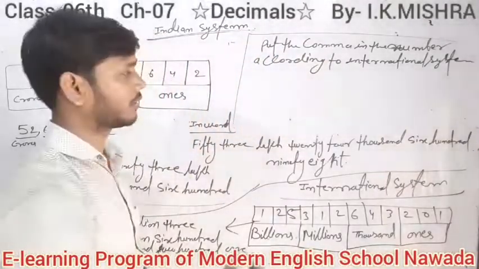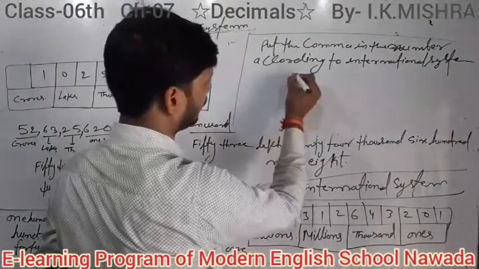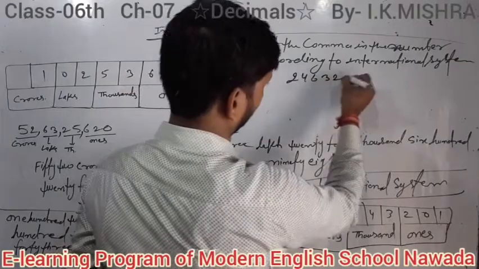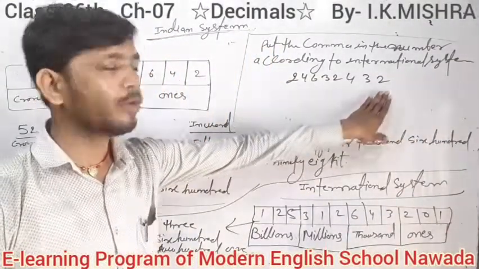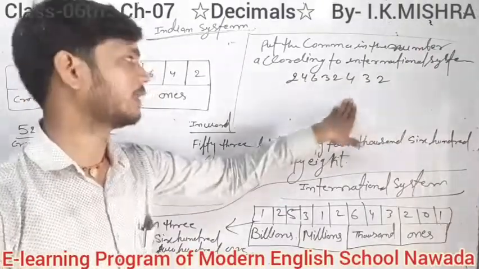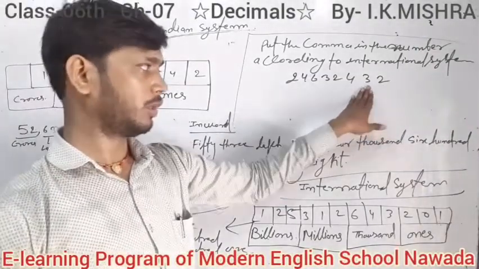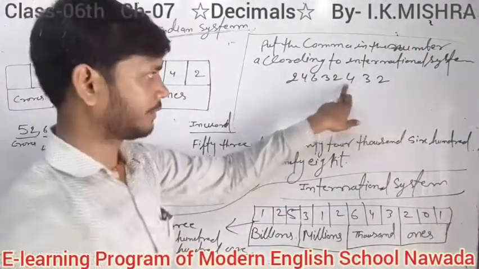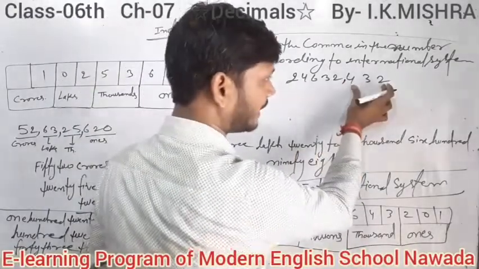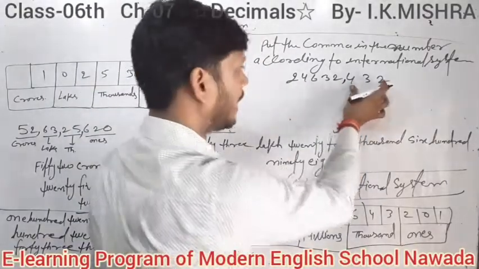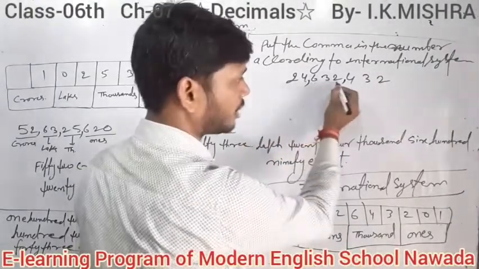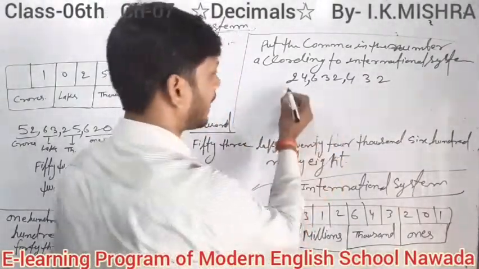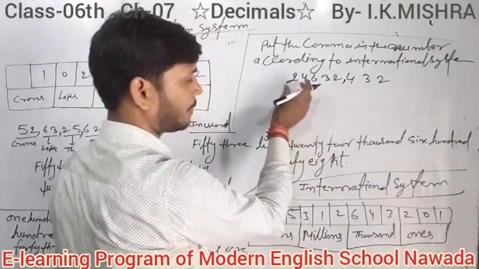Suppose our number is written, and you have to put commas according to the international system. That means put a comma here after 3 digits, and this period is known as the ones period. Again after 3 digits put a comma here, and this period is known as the thousands period, and after that one period is this.